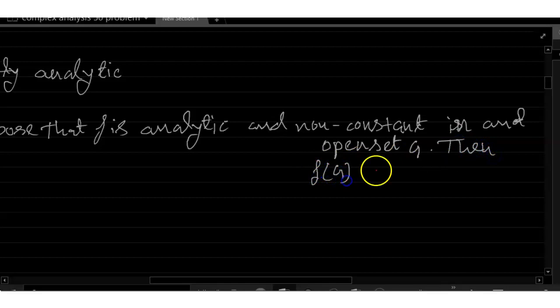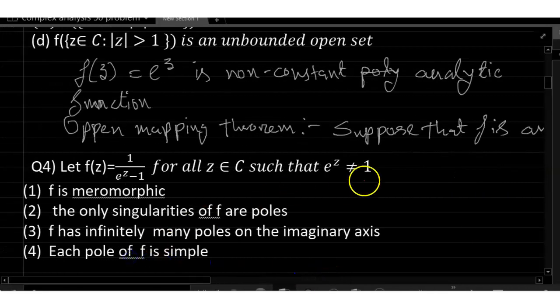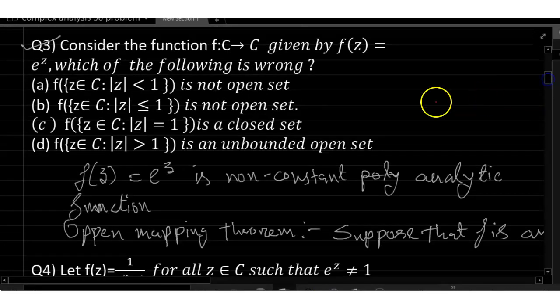So friends, whenever you see that |f(z)| < 1, then it is not an open set. This option is false, and all the other options are correct.